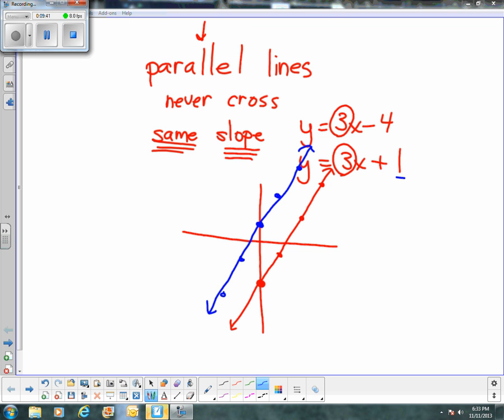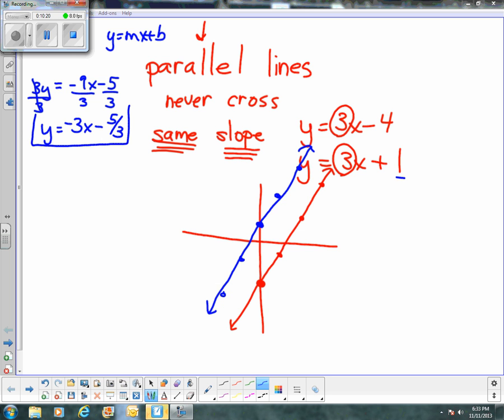Now let's take 3 equations and see if any of these are parallel. We have 3y equals negative 9x minus 5. To put it in the right form, y equals mx plus b, let's divide everything by 3. y equals negative 3x minus 5/3.